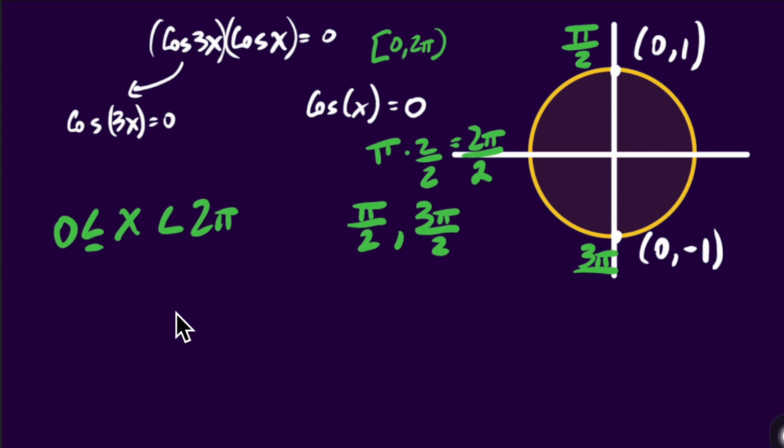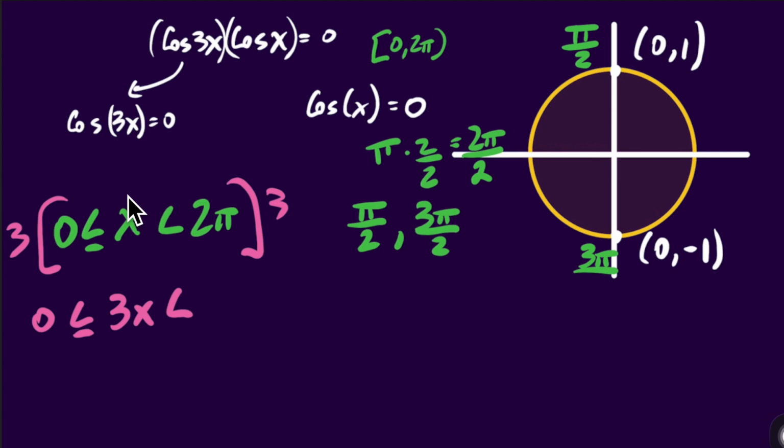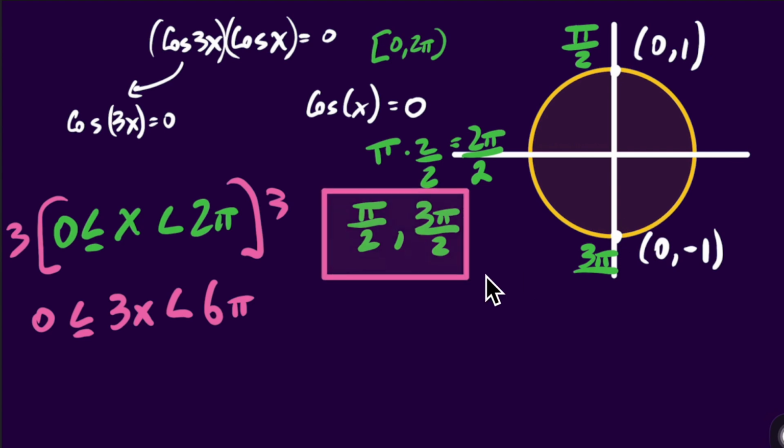Well, if you're looking at 3x, because that's the argument, you have to multiply all of this by 3. So now we're going to have 0, 3x in the middle, and is less than 6 pi. So instead of only going from 0 to 2 pi and getting these two solutions, we're going to have to go around and around again and go all the way to 6 pi.